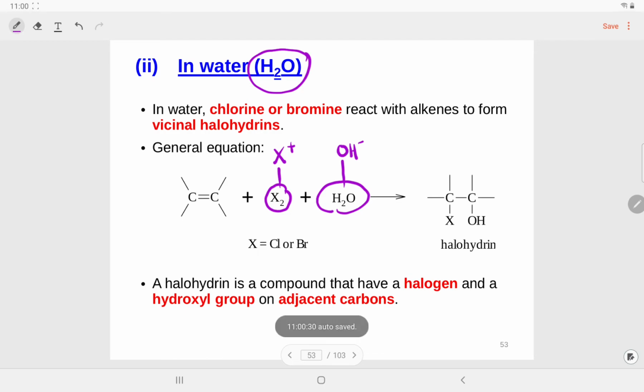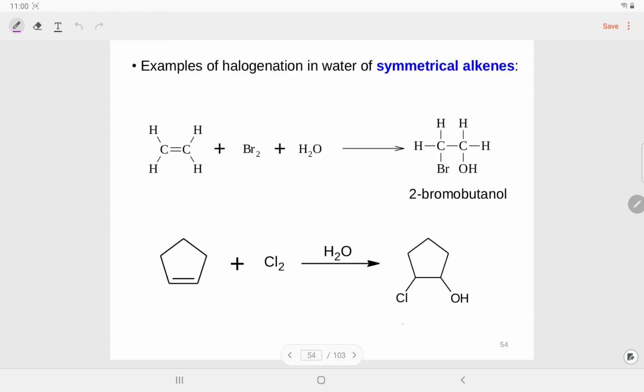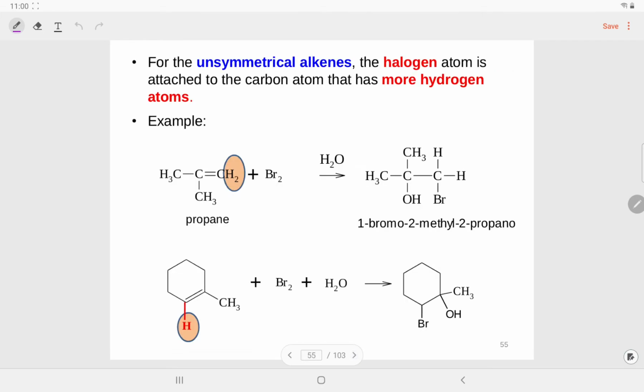If this is a symmetrical difference, okay, so we have a factor here. But according to the general equation, halogen and hydroxide ion must be added to the adjacent carbons together, and this product we can call halohydrin. But if we have an unsymmetrical molecule, which is a difference in the number of hydrogen atoms, meaning hydrogen at carbon number 1 is greater than hydrogen at carbon number 2, bromine must be added first to the carbon double bond.